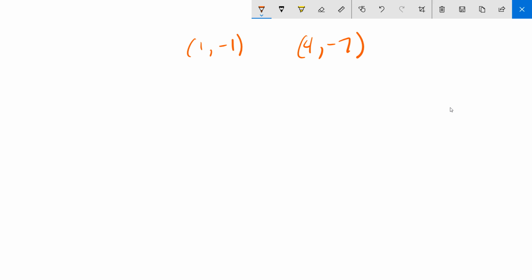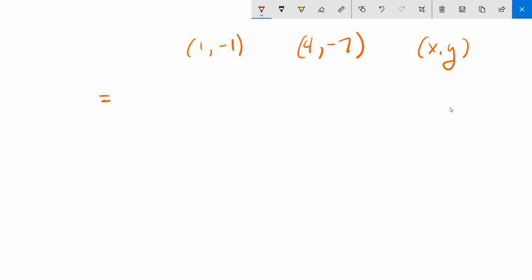Again, I'm going to imagine a point x comma y. Now before, when they gave me the slope, I put the slope on the left-hand side. You could do it on the right, it doesn't matter. It goes on one side. And then you do the difference in y's over the difference in x's on the other side. I'm going to do that same thing.